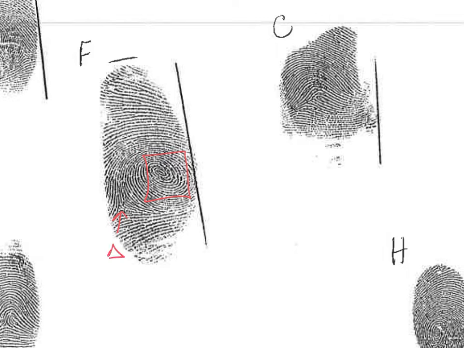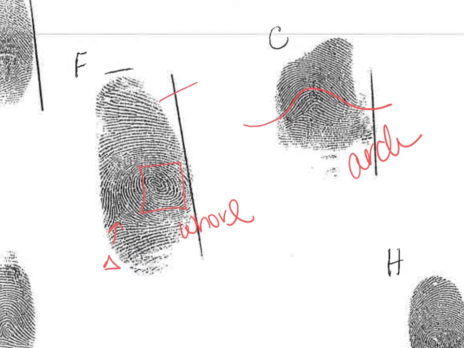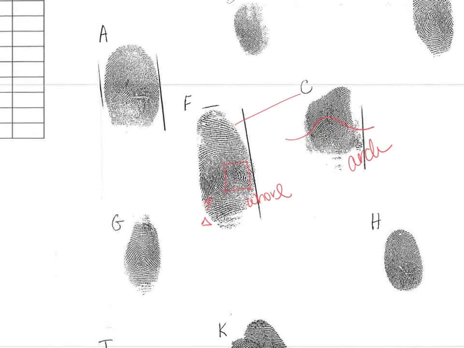There's a delta. This looks like a whorl. Whereas here, I don't see a delta, but I see ridges coming in, up, and out. So this would be an arch. So I know that fingerprint F does not match with fingerprint C. Bummer. So what I would need to do is find another whorl.